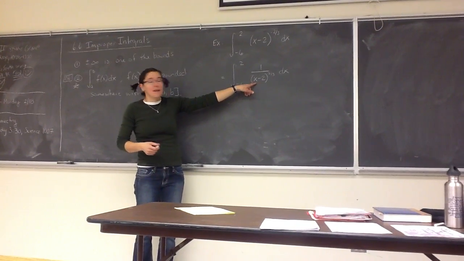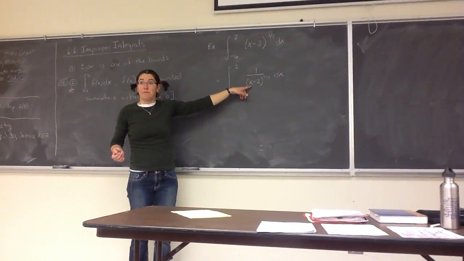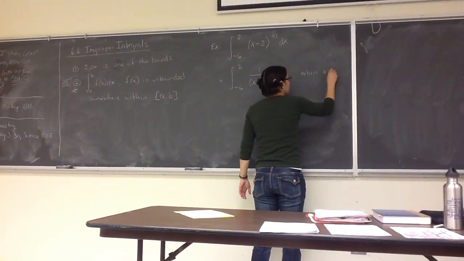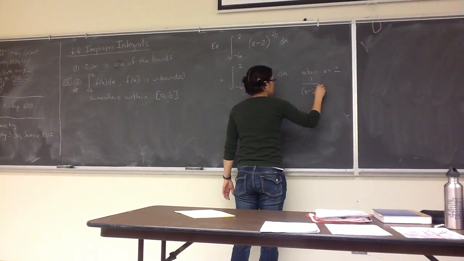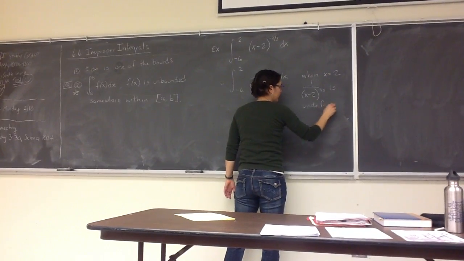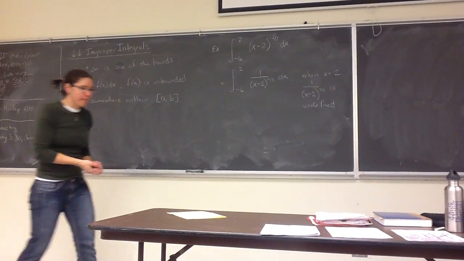And so when I plug in x equal to 2, I get a 0 in the denominator, which we never want to have happen. So when x is equal to 2, 1 over x minus 2 to the 2/3 is undefined.